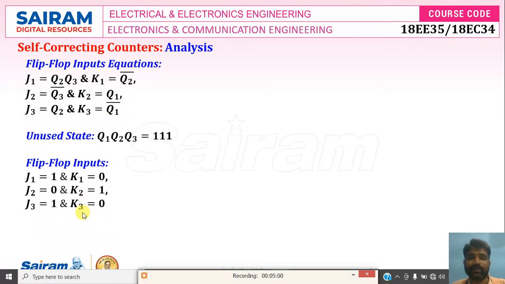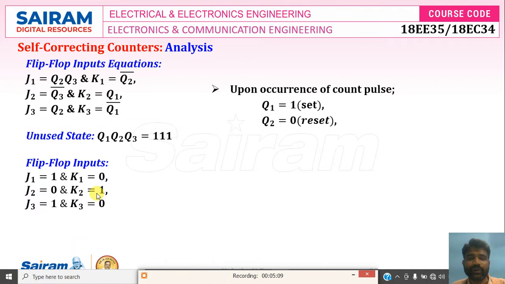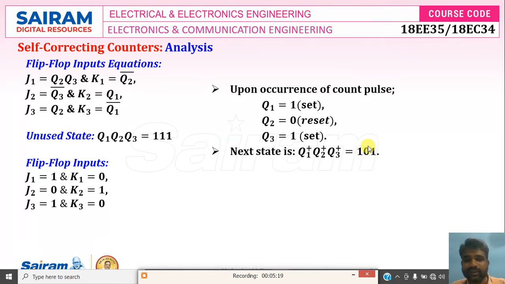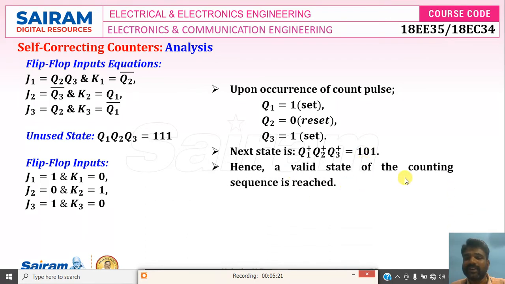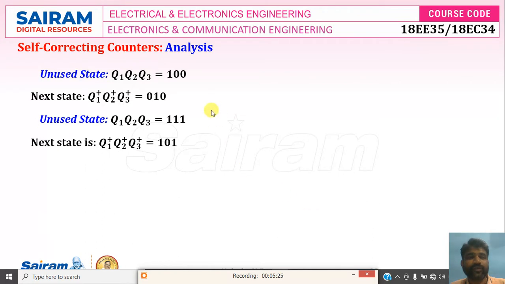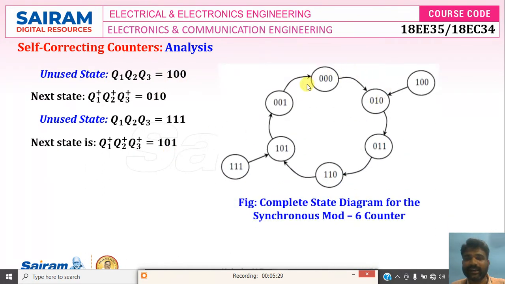Once the clock pulse occurs, Q1 resets, since K2 is 1, Q2 resets, and since J3 is 1, Q3 sets. So the next state is 101. Again this is a valid state of the counting sequence. Clear? For these unused states, these are the next states, and this is the complete state diagram.